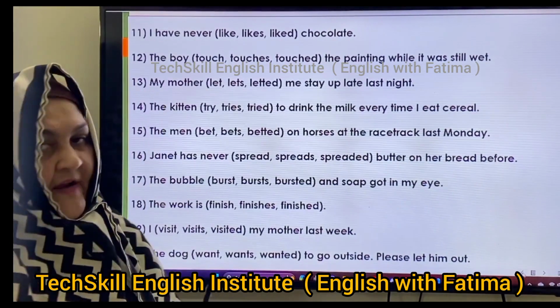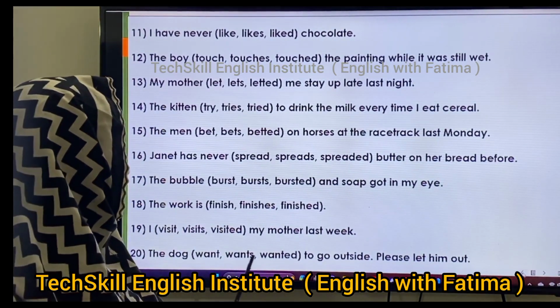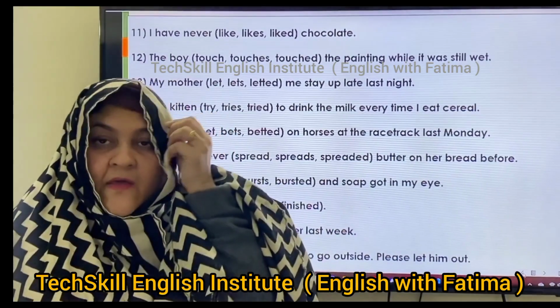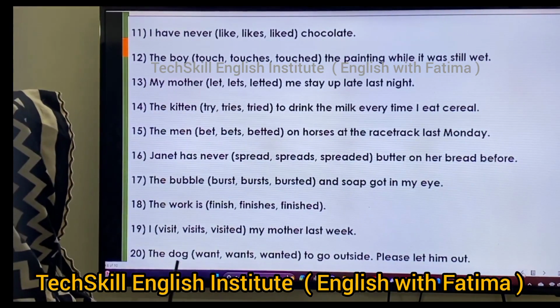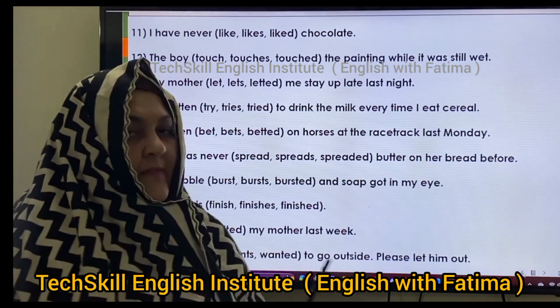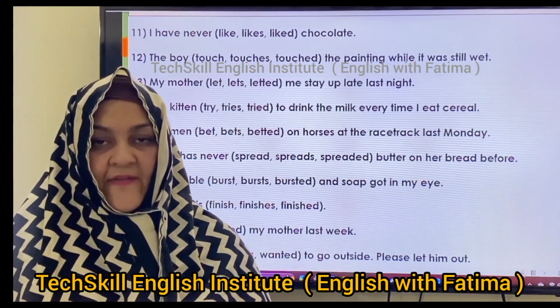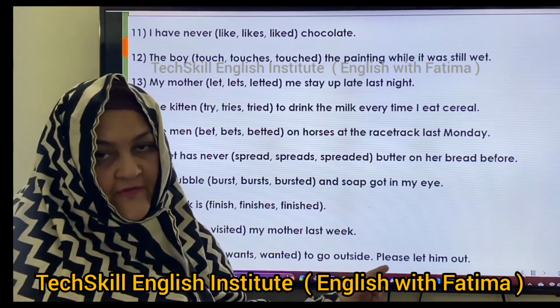Let's take another example. The dog wanted to go outside. Please let him out. So here we can use wants. The dog wants to go outside. Please let him out. It should be in the present tense, because we are requesting someone to do something.